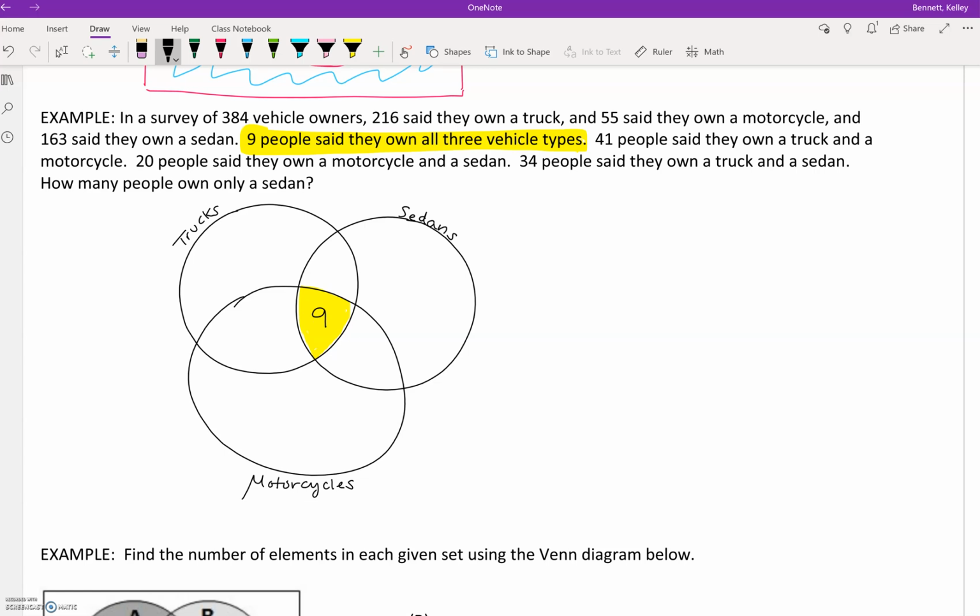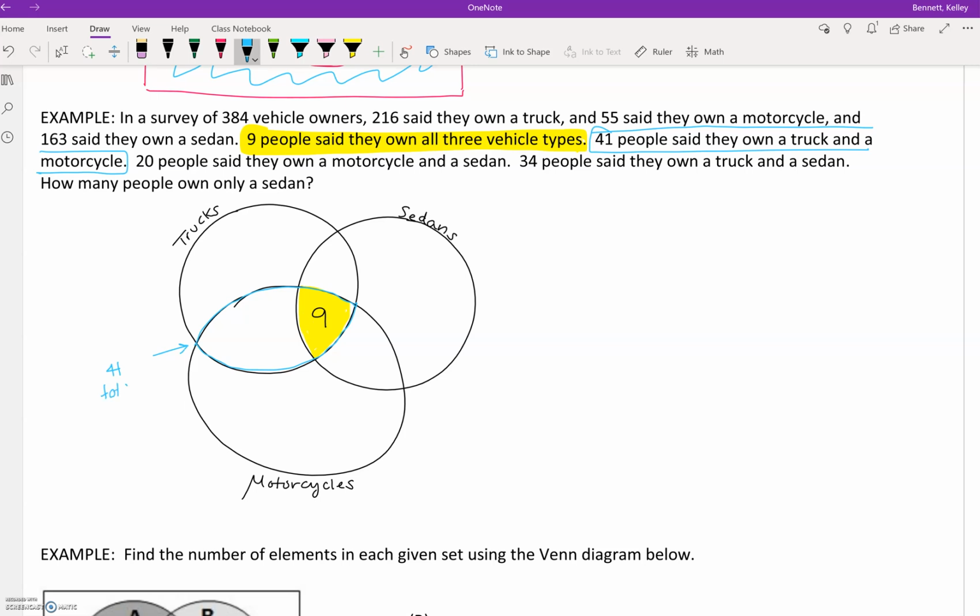So start here. Then from here, 41 people said they own a truck and a motorcycle. So let's highlight this. Truck and motorcycle, that's this entire I-shaped region right here, and 41 has to be this total.